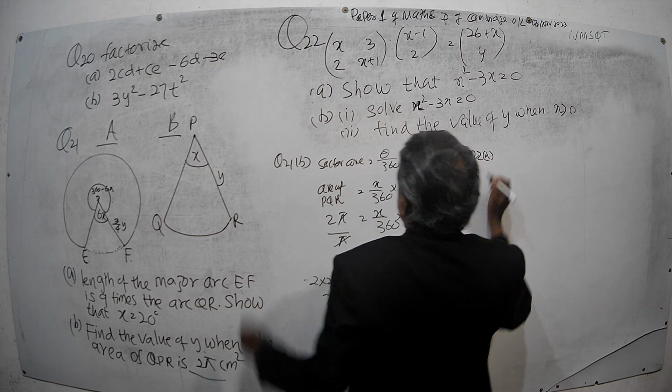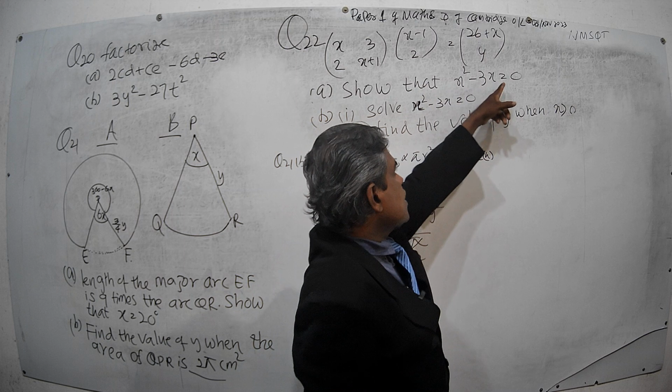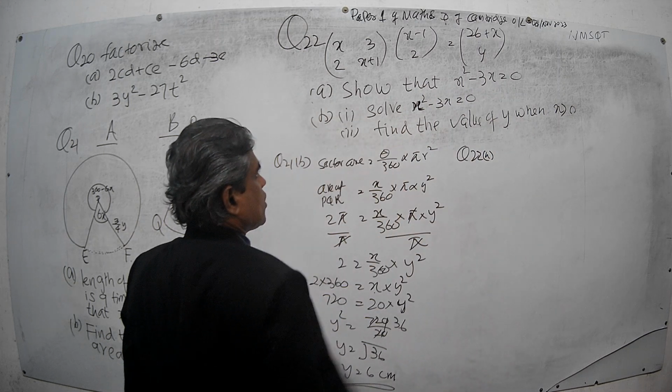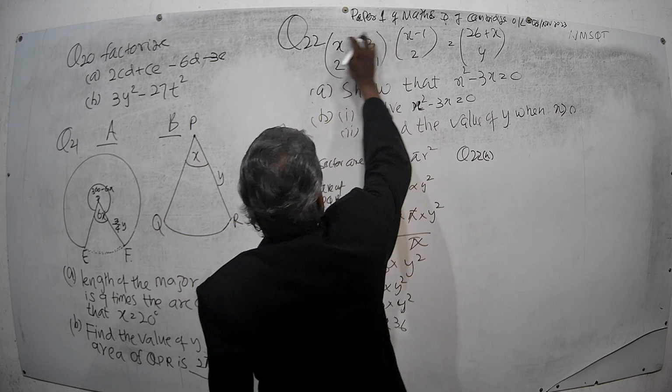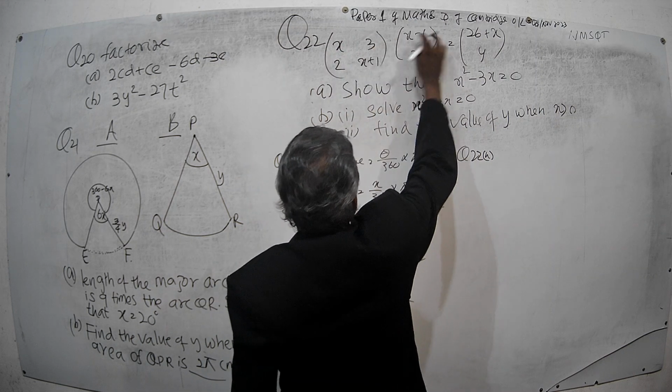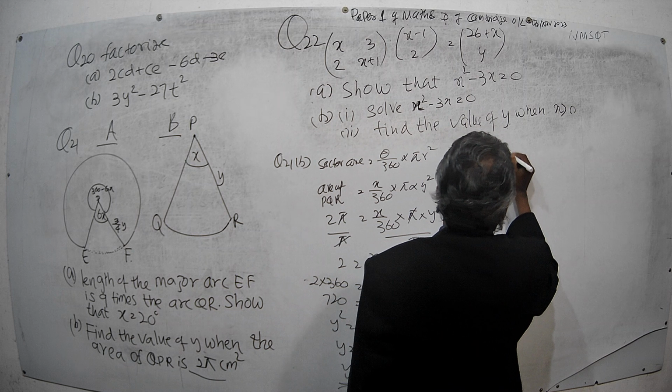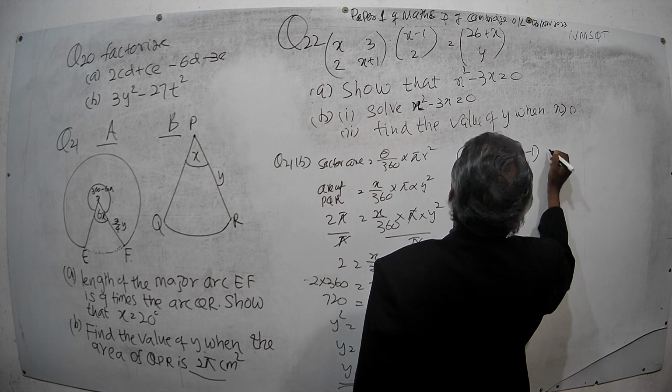Q22A. First part, they say show that x squared minus 3x equals 0. That is only in x, it is not in y. Therefore, we will multiply this row by this column.